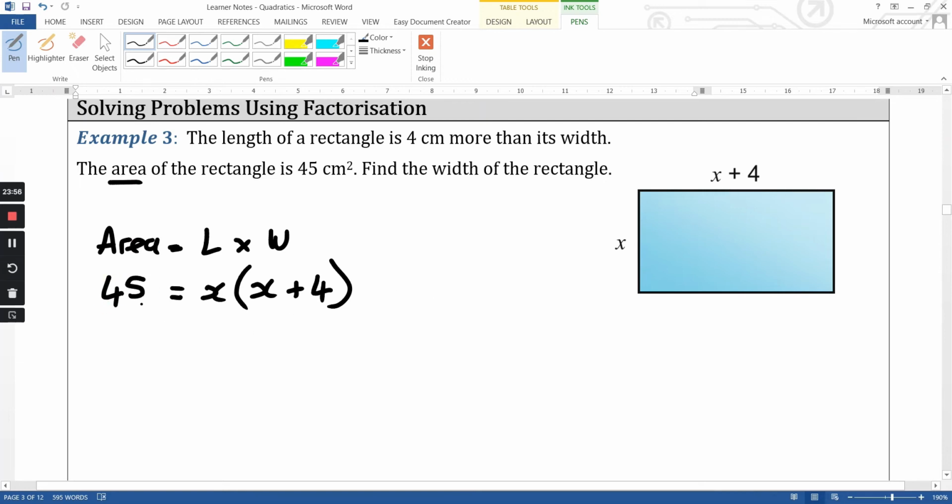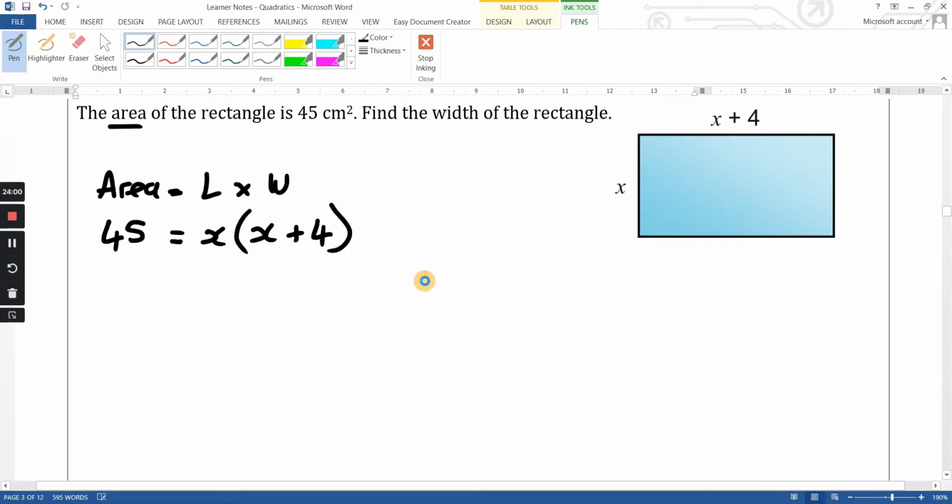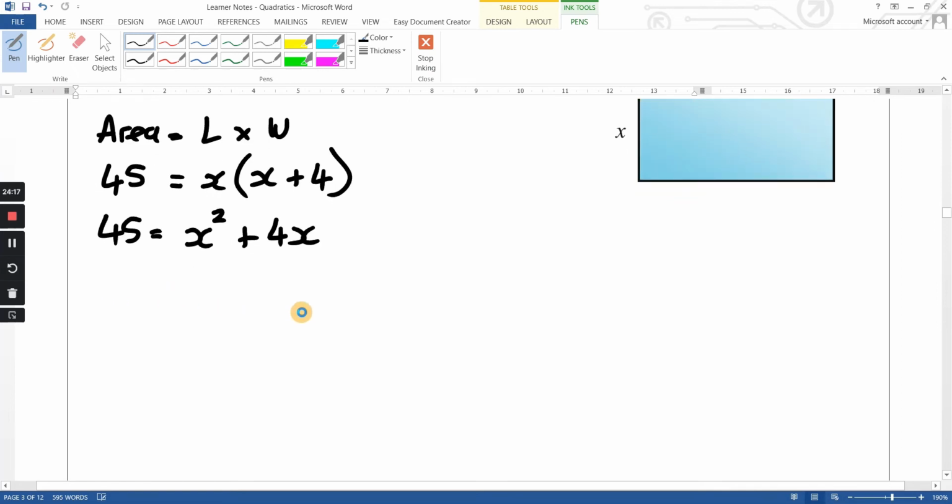So we've got a bit of an equation going on here. So let's expand this. Let's get rid of these brackets. So x times x is x squared. X times 4 is plus 4x. Ooh, now hopefully you can see where this is going. You've got 3 different terms. Let's rearrange this so that we get all the terms on one side.